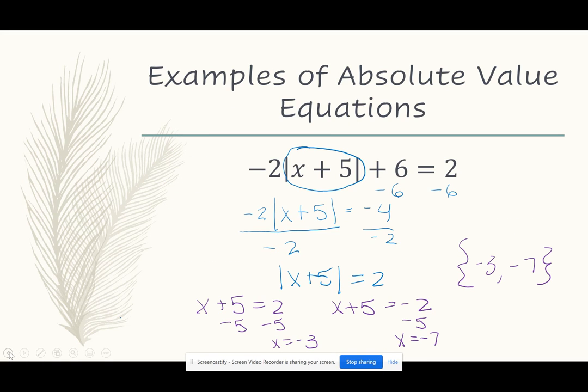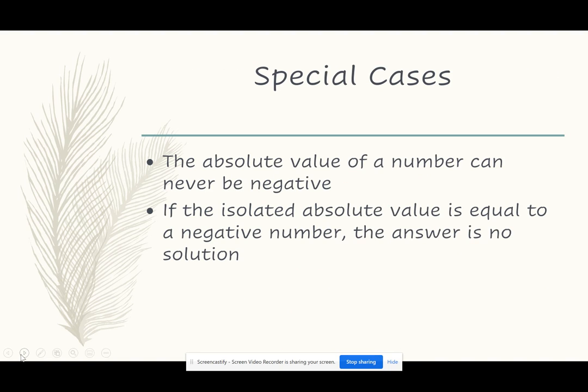So it's not too bad. We're just getting the absolute value by itself, then set it equal to the positive and negative of the other side. Now we do have some special cases. If you remember, whenever we were doing absolute value, like the absolute value of negative 3 is 3, absolute value of 3 is 3, we never get a negative number out. So the absolute value of a number can never be negative.